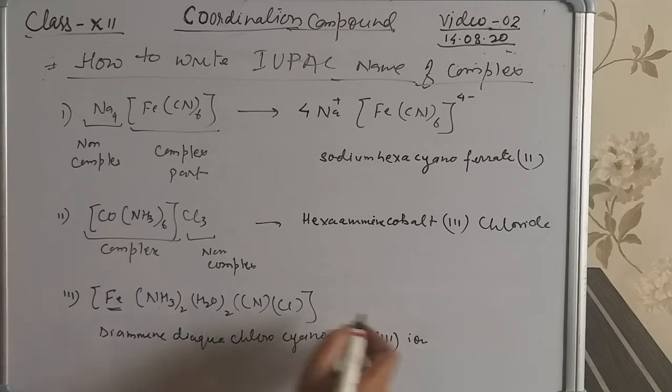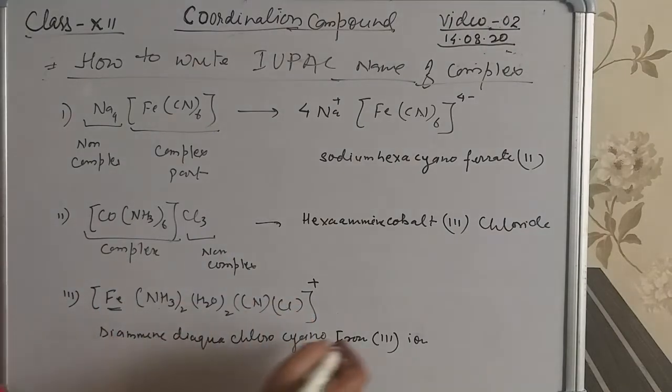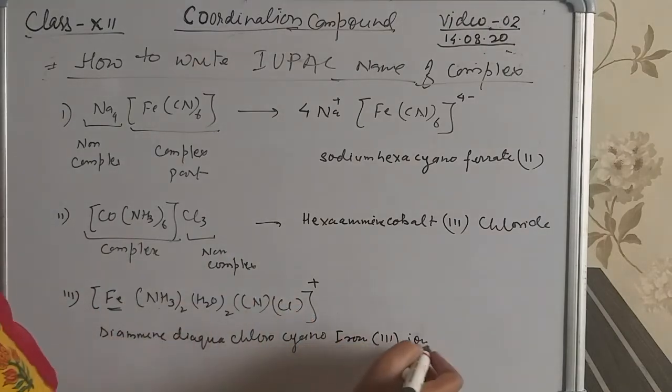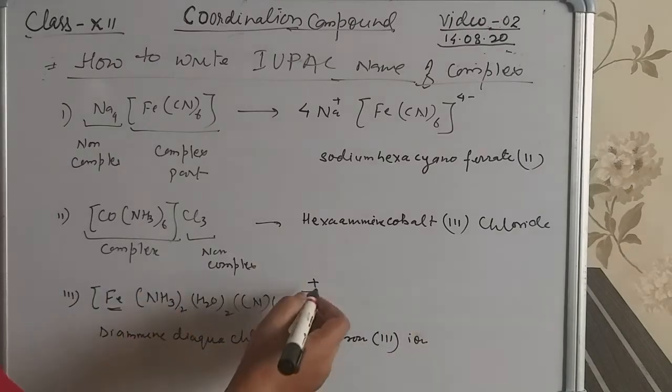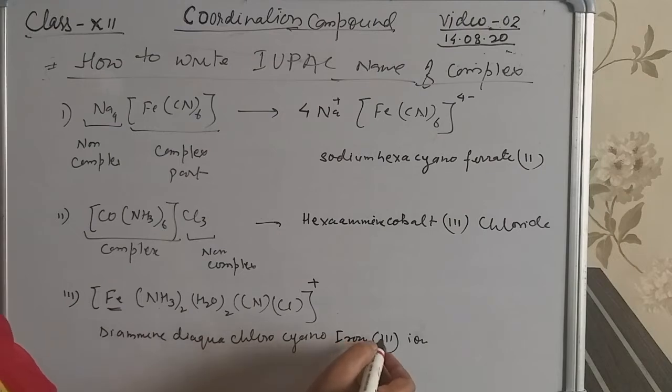In this way, this is a complex entity, this is the cationic complex ion, so we use iron. If a negative charge is present here, in that case we use ate. The name of the central metal atom ends with ate. In this way you can write the names of so many.